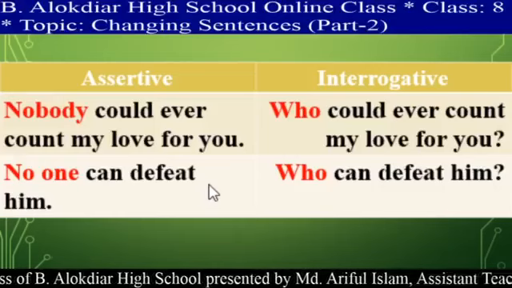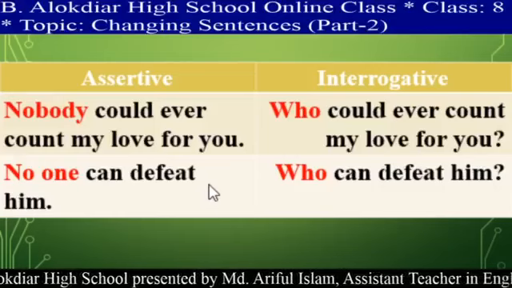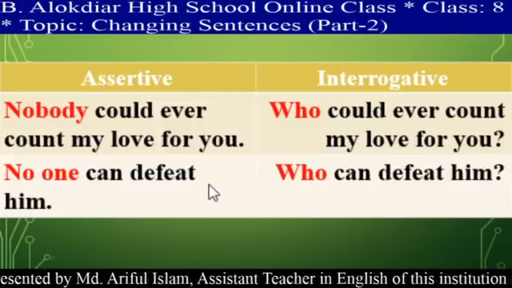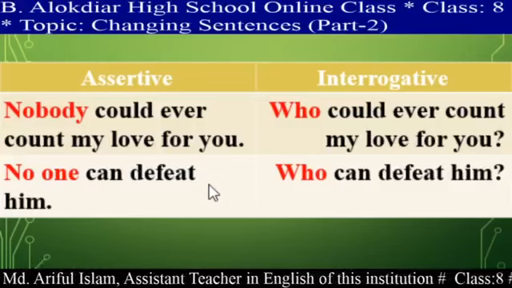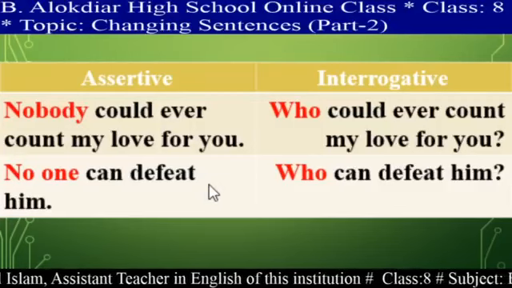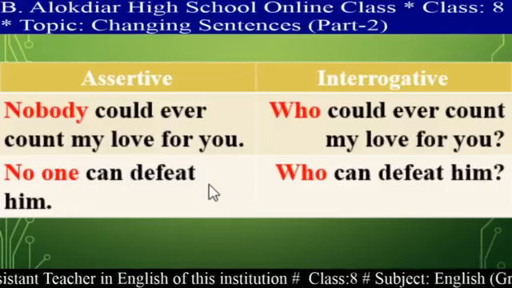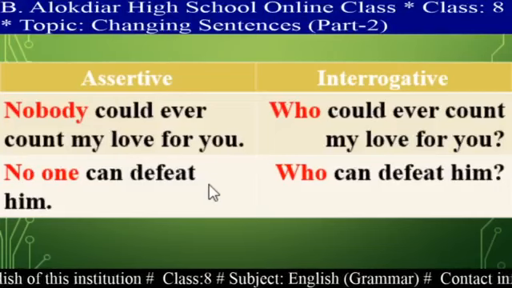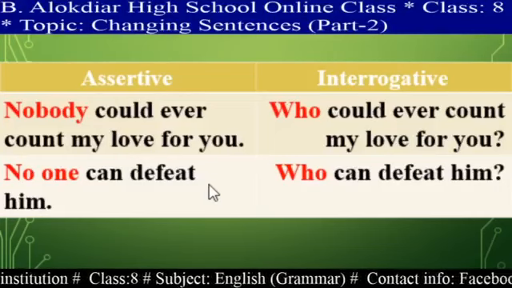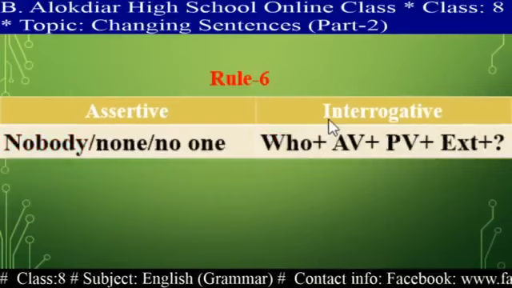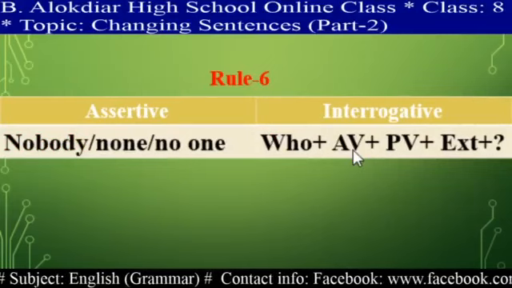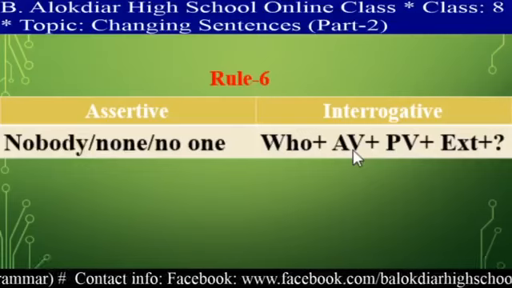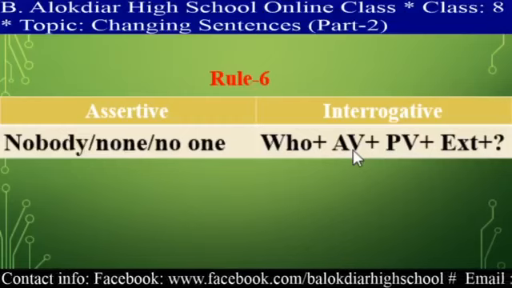If nobody, none, or no one is used in an assertive sentence, we have to use who instead of them in the interrogative sentence, plus the auxiliary verb according to subject, tense and person, plus principal verb, plus extension, plus note of interrogation. So these are the rules.